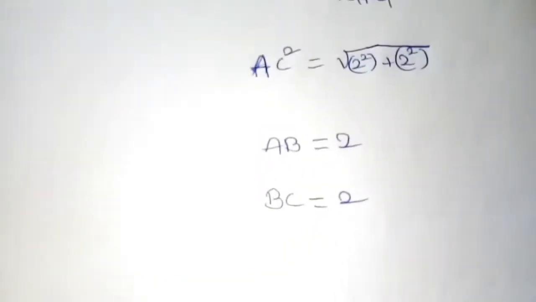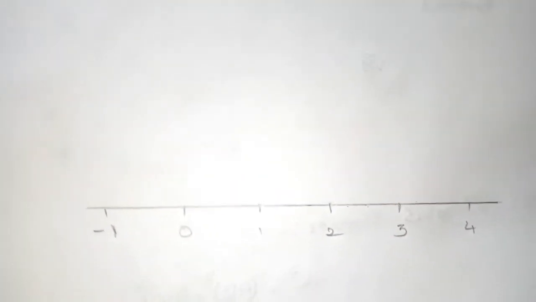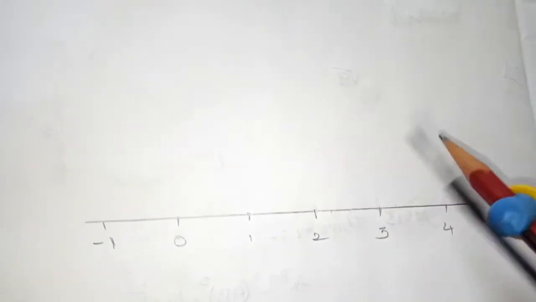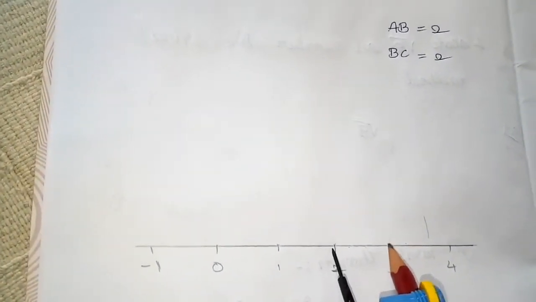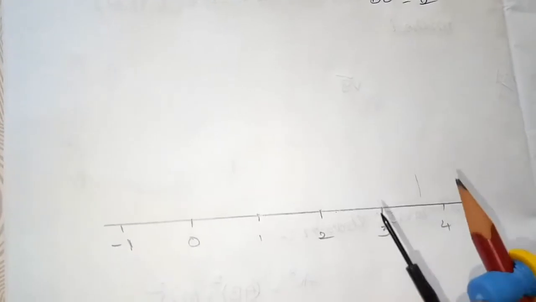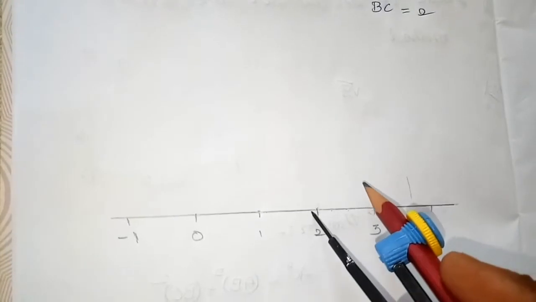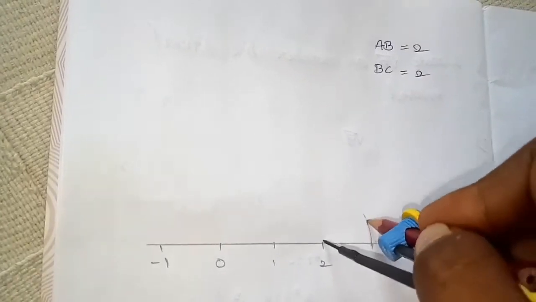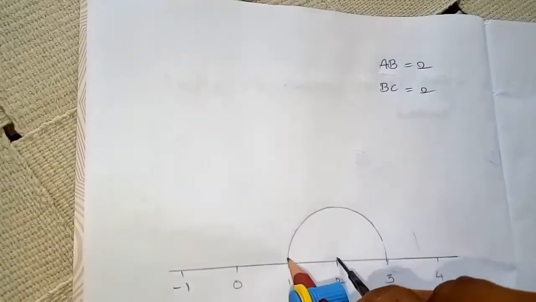Now let's go to the number line. Here AB is equal to 2 and BC is equal to 2. We want to take point 2. Next I am taking exactly 3 on the line, up to 0.